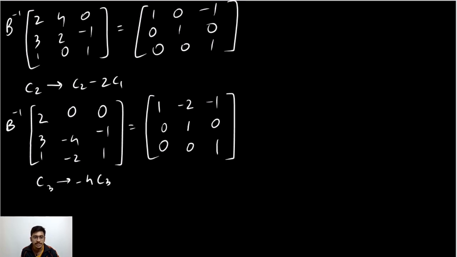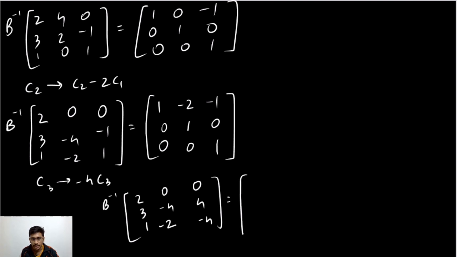So I'll multiply C3 with minus 4. So what will it be? I'll get B inverse into 2, 3, 1, 0, minus 4, 2, minus 2, and this will be 0, this will become 4, and this will become minus 4. And on the RHS what I'll have is 0, 1, 0, 0, minus 2, 1, 0, and then I'll have 4, 0 and minus 4.